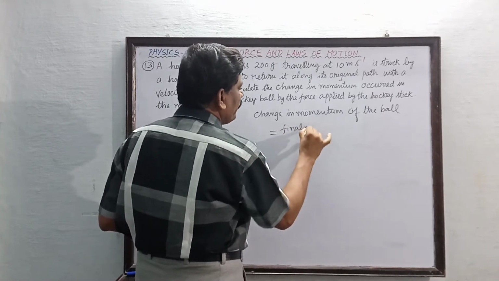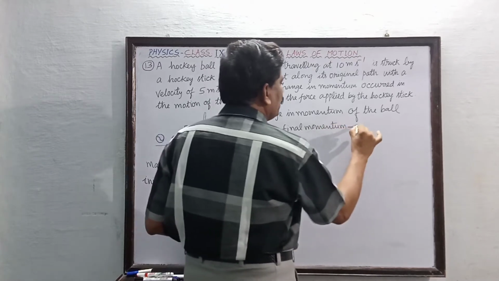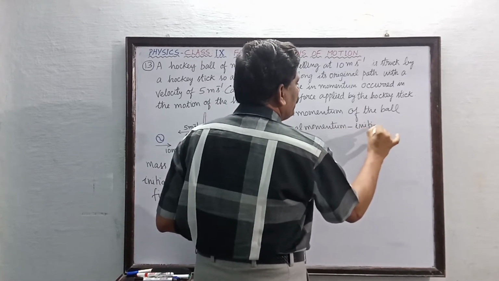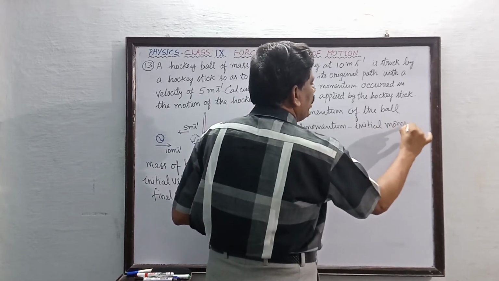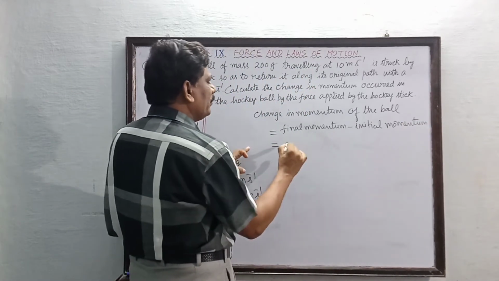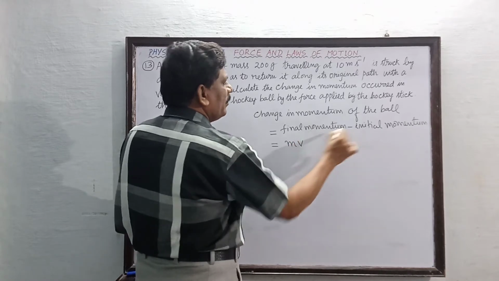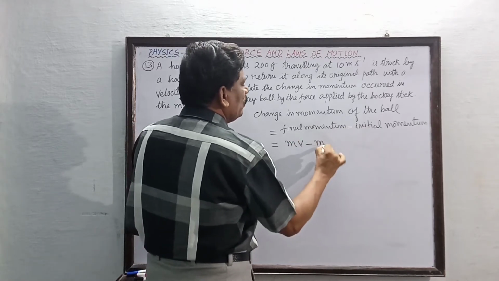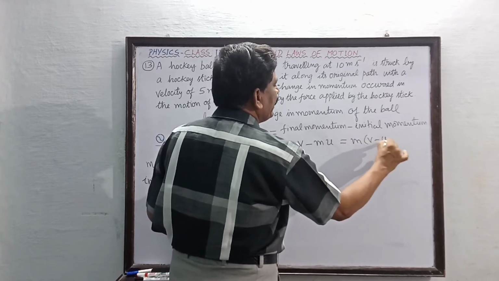Final momentum is the product of mass into final velocity. Like that, initial momentum is the product of mass and the initial velocity. So final momentum is mass into final velocity minus mass into initial velocity. So mass is common factor, m into v minus u.